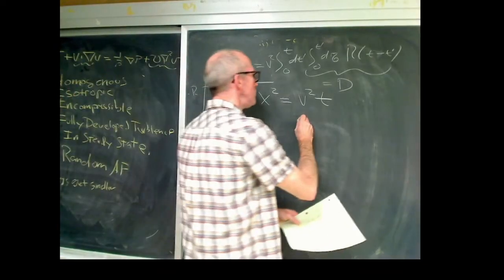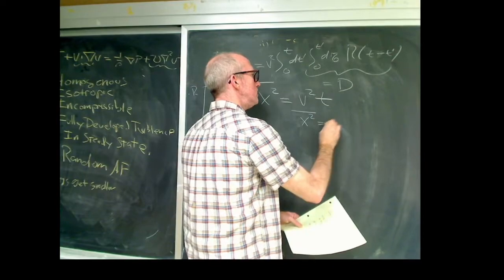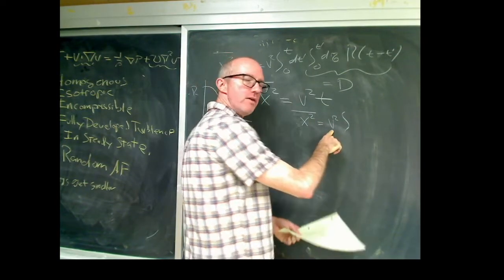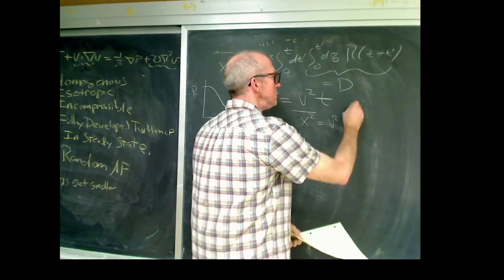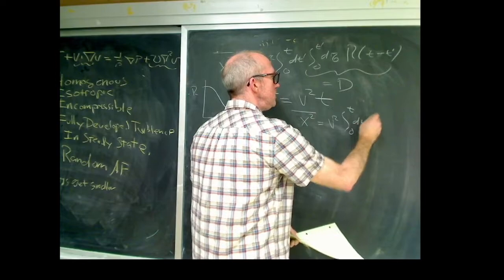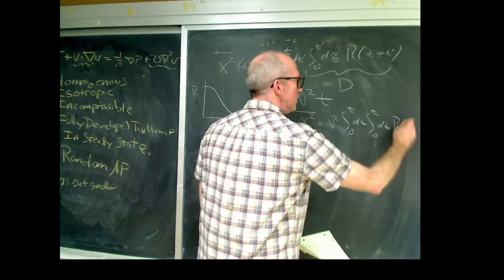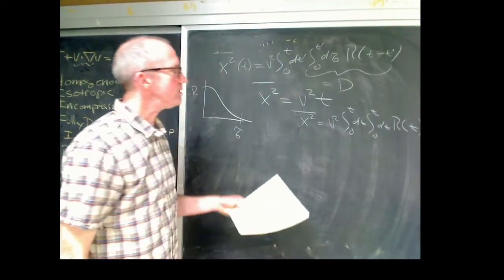So, okay, in both cases, I've got x squared equal to v squared, because this is just how I've defined my correlation function, so that it's v squared at 0 lag. 0 to t dt, 0 to t dt, r of t. I got sloppy.